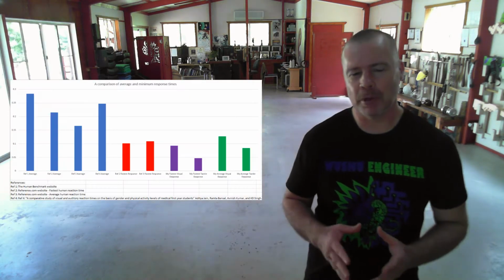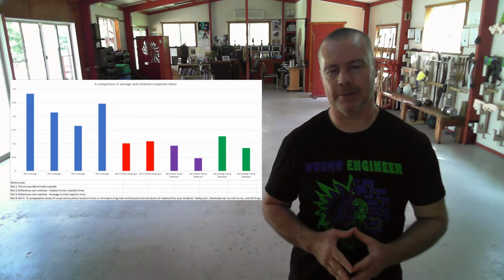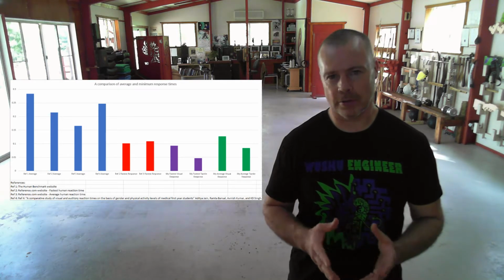However, my tactile responses were much faster than my visual responses, because of course, speed over response time is inaccurately phrased. So it's my tactile responses were faster than my visual responses by about a third on average. I've put up a simple graph from that video showing a comparison between these various response times for your reference.